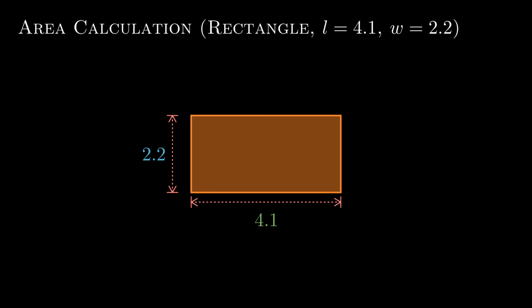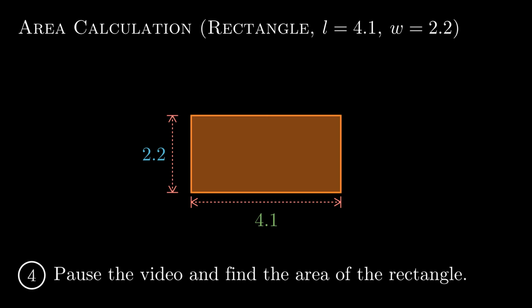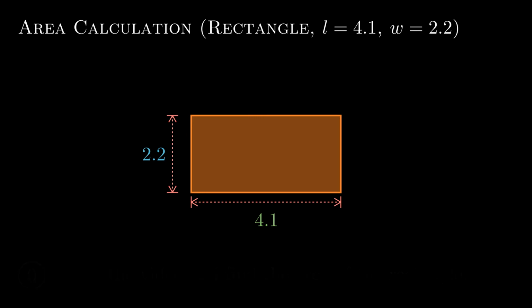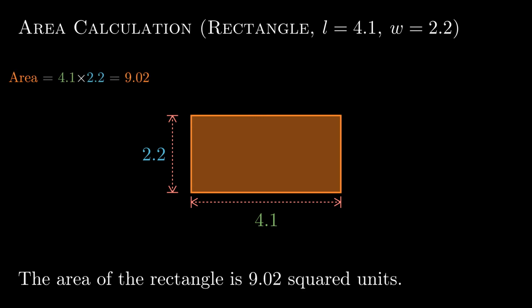How many unit squares can we fit horizontally and how many can we fit vertically? For those of you who have found it, congratulations. The answer is 9.02. Here the idea is that you can fit 4.1 unit squares horizontally and 2.2 vertically. Then if you multiply these two, you get the area of this rectangle.